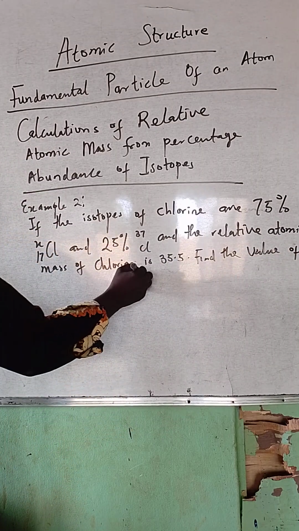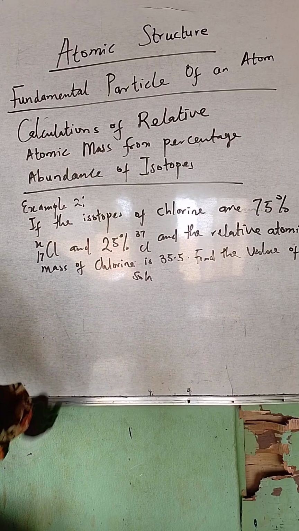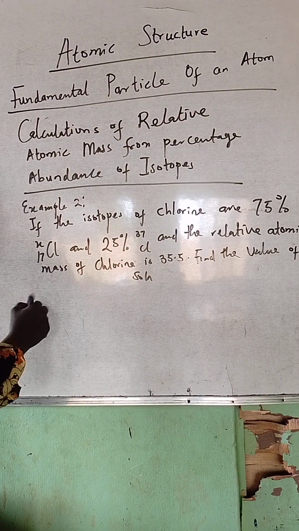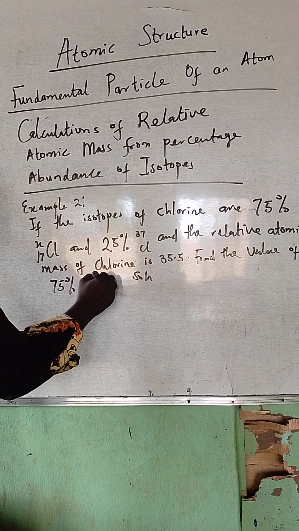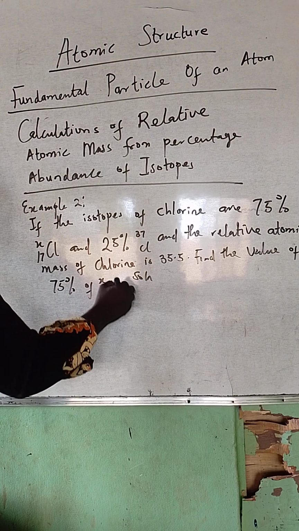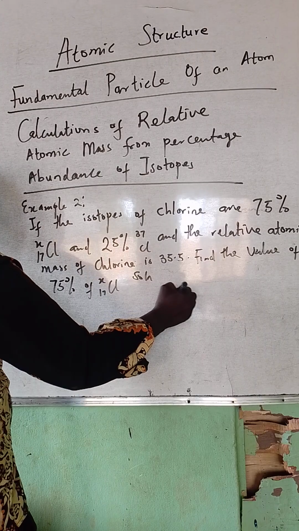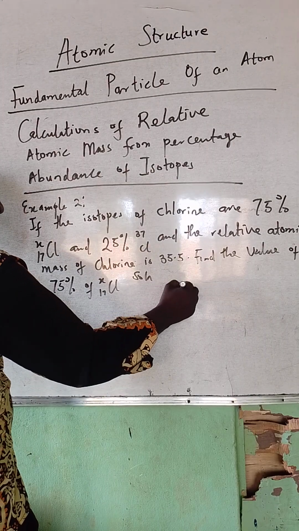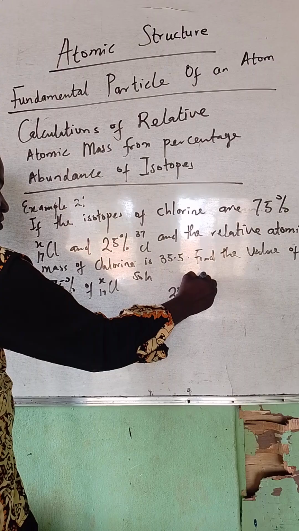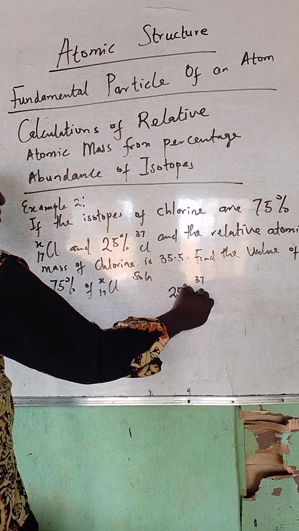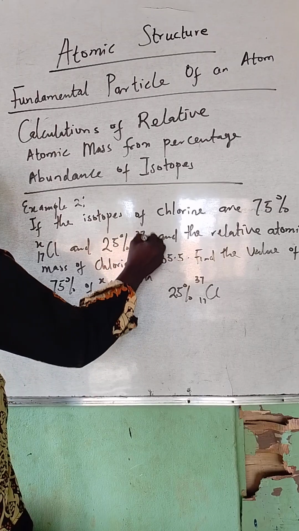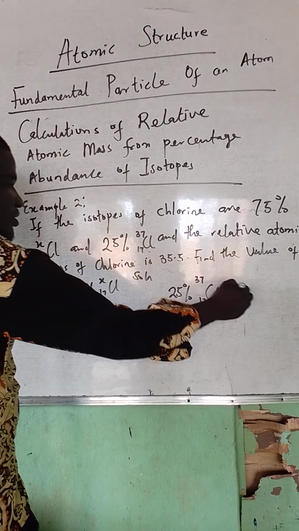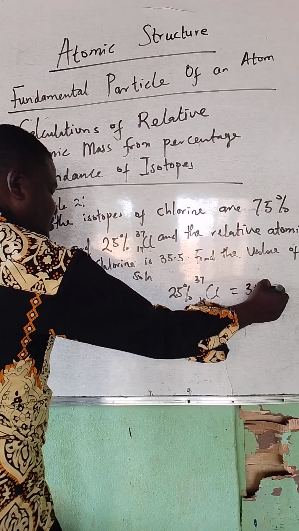Now, solution. Just like the way I did the other time. So this one, 75% of S and 25% of 37, to give us 35.5.